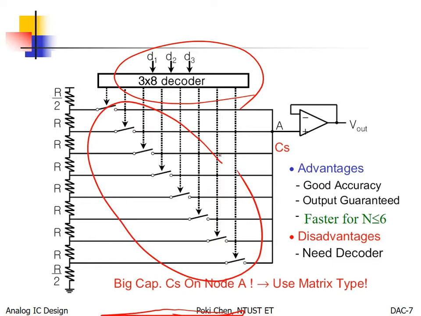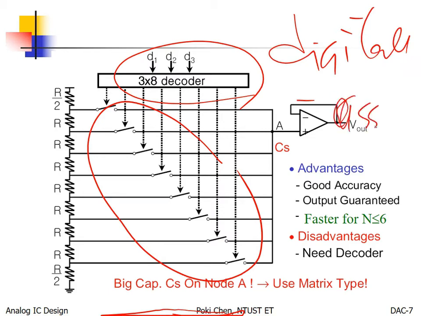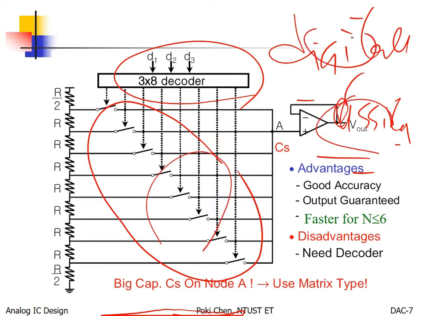So since after it is called digitally assisted analog circuit, right? As I mentioned, it is assisted by some kind of digital circuit here. Okay, digitally assisted analog circuit. That's it. All right.